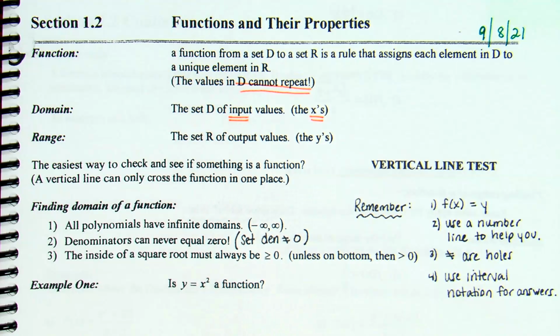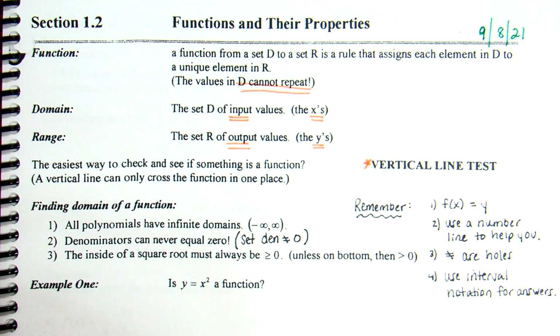If domain is the input values, the x's, then range is the output values, or the y's. The easiest way to check if something is a function is the vertical line test. If you have a graph, visualize the vertical line. If it touches the graph more than once, it fails the vertical line test. So that is a biggie, and we will talk about that some in our examples.